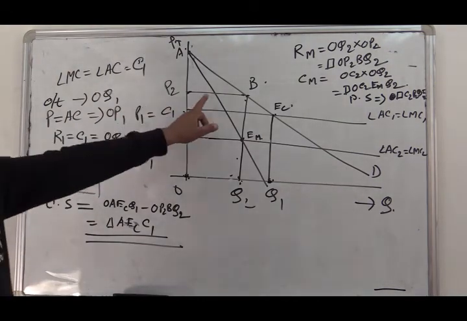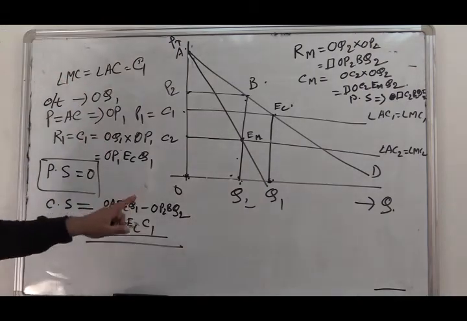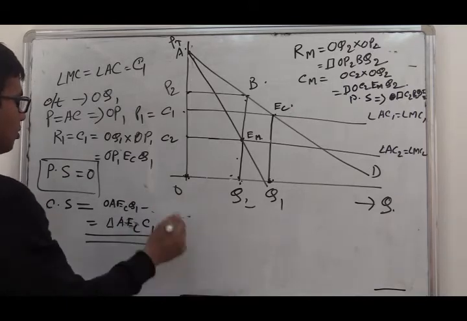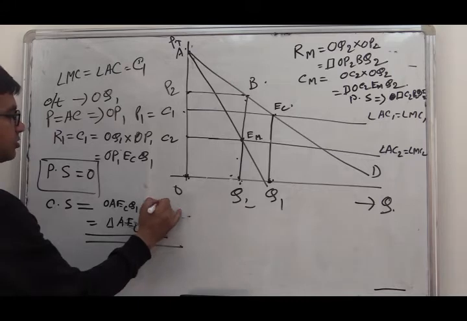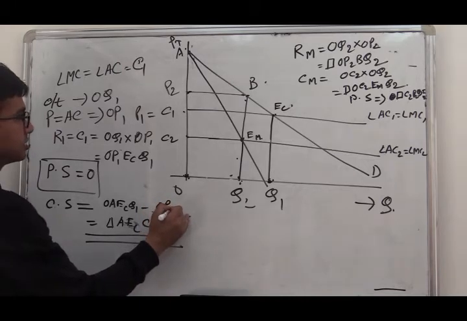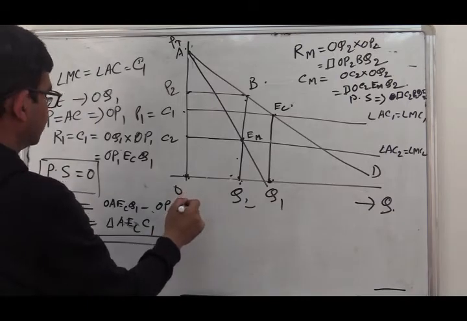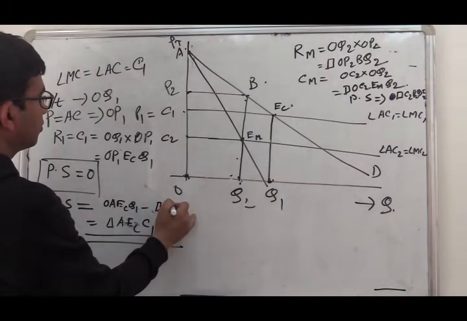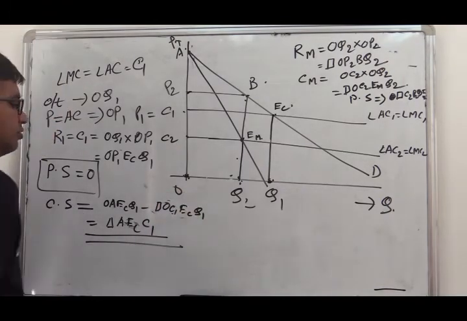Sorry, in the previous case, consumer surplus will be given as this area, the total cost expenditure of the OP1, or it will be the area of the rectangle OC1ECQ1.